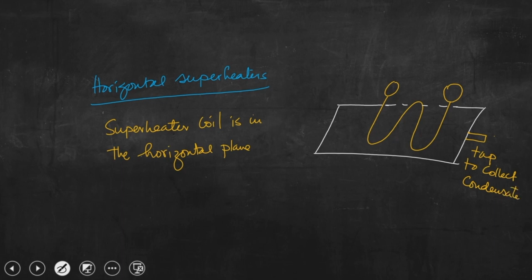This is steam in and this is steam out. This is in the horizontal plane, and because of this we can easily take the condensate out from the superheater through only one tap.